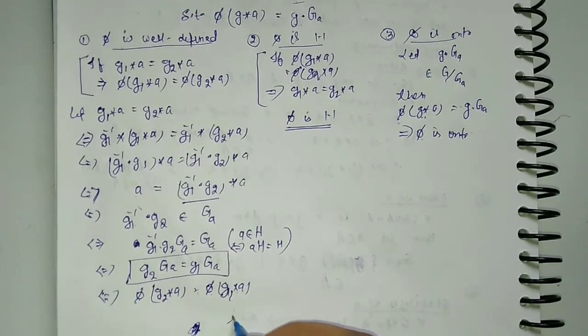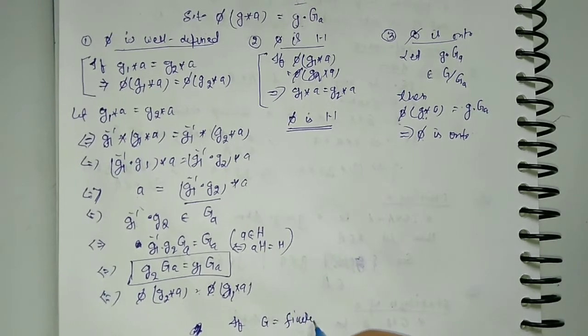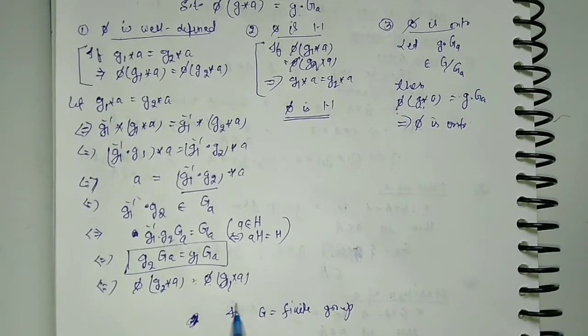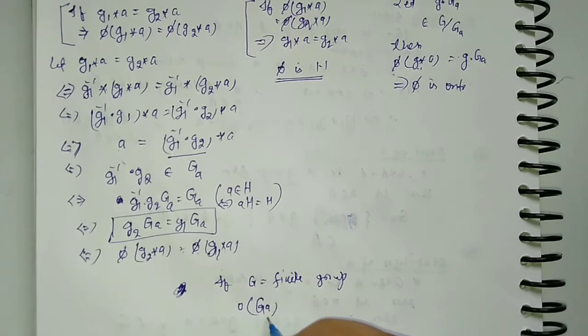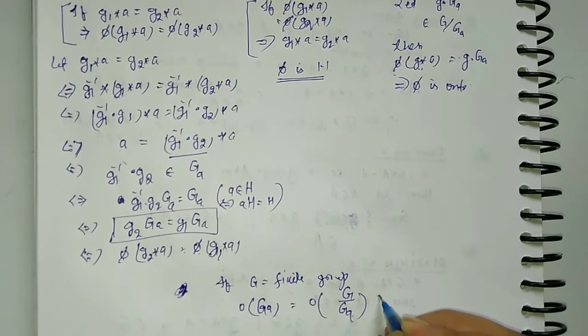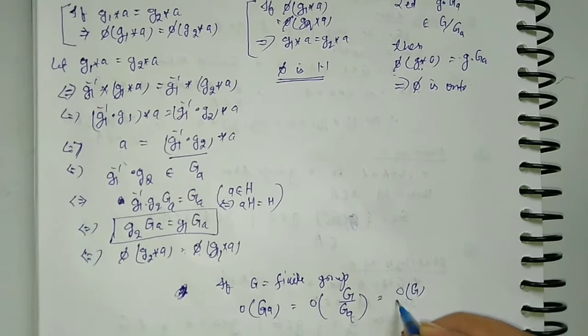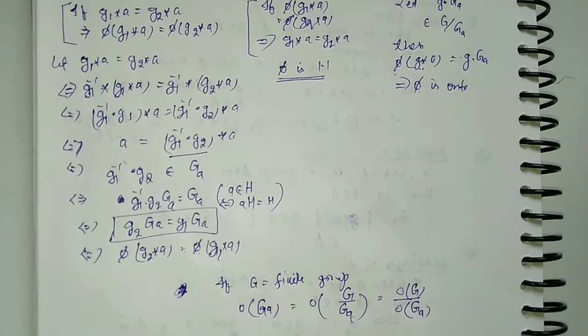Also, if G is any finite group, then we can imply that the order of the orbit of a in G will be equal to the order of G upon Ga, which is equal to the order of G upon the order of Ga, that is the order of the stabilizer of a.